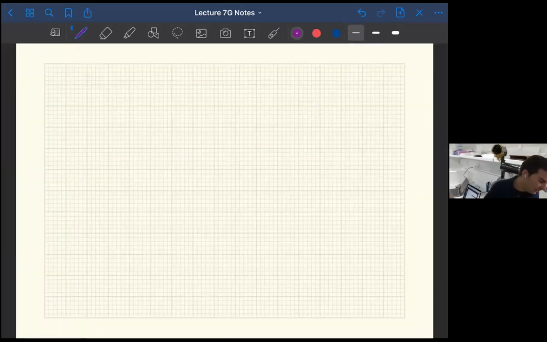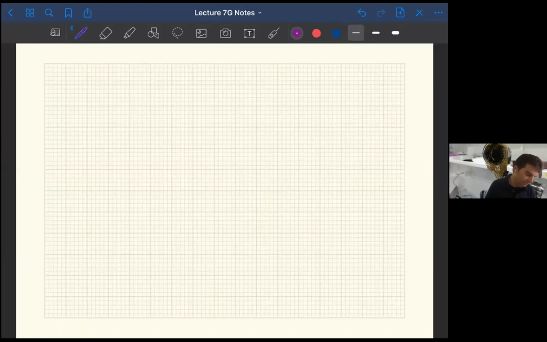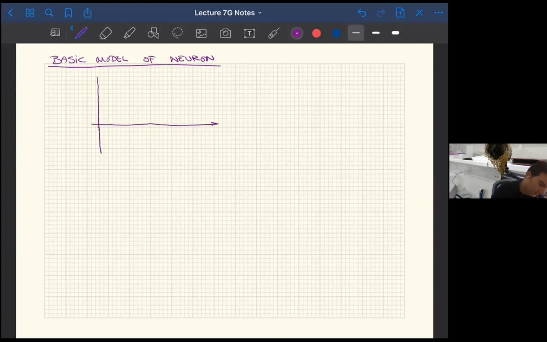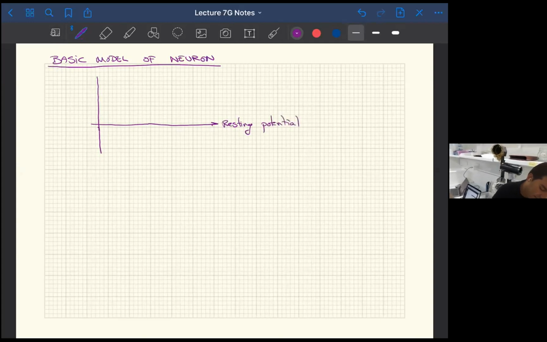The idea here is that, like in a basic model of a neuron, there is a resting potential, and if it helps, you can think of this in the dendrite of the neuron.